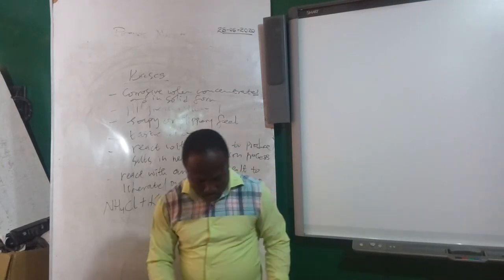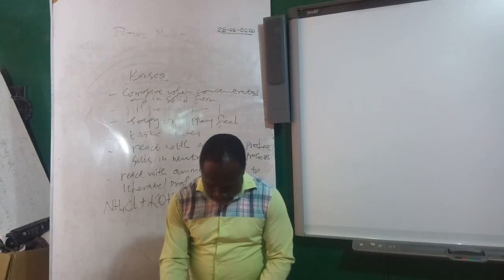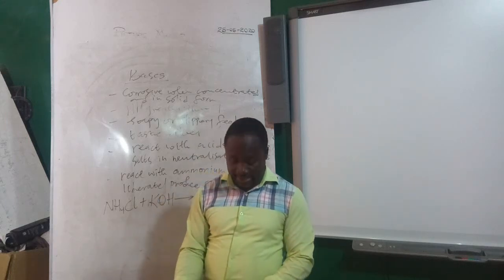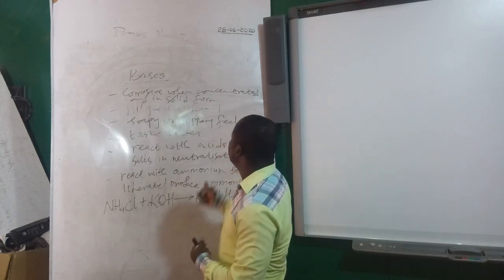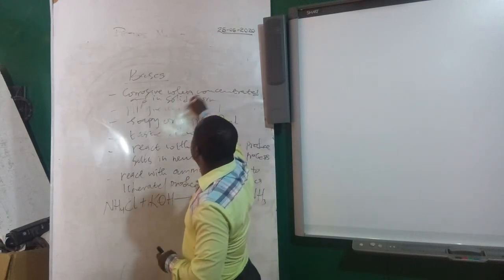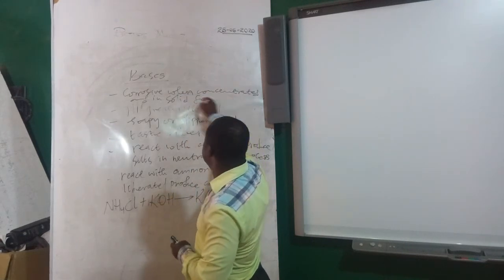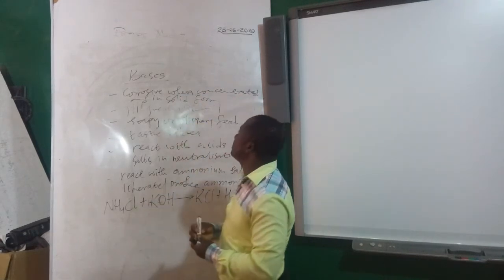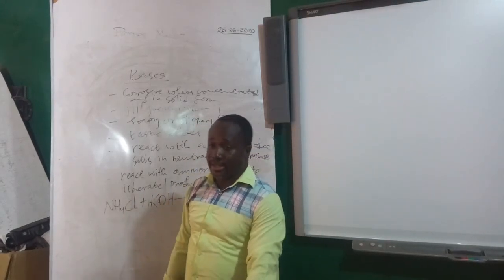Again, we can also look at uses of bases. Now take note of this. We know how we can categorize our bases. We have strong bases, we have weak bases, and we know what a weak base is and a strong base is.